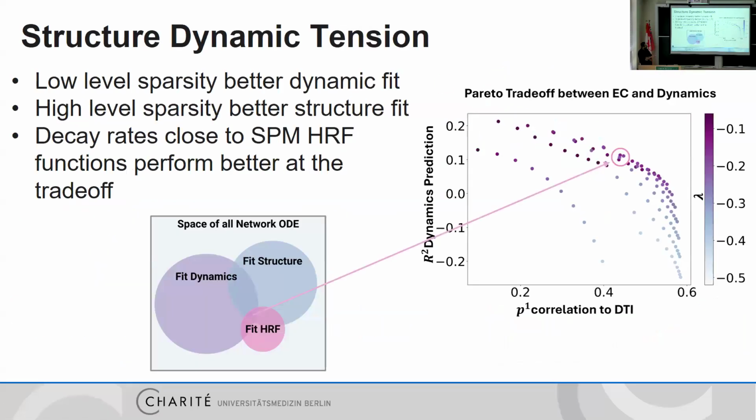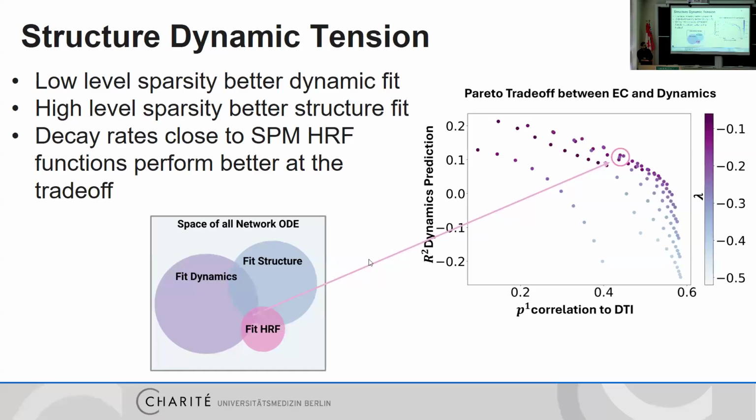So putting it all together, I made the picture look a little simple. It's a little bit more complicated. To really get a proper network model, you have to deal with the structure-dynamic tension. This is a classic sparsity thing. You can have networks where you have many edges, then you fit the dynamics really well, but then your correlation to your DTI drops really low.